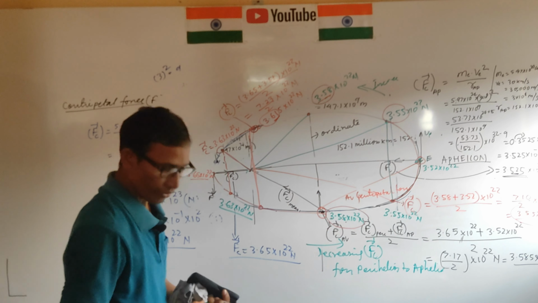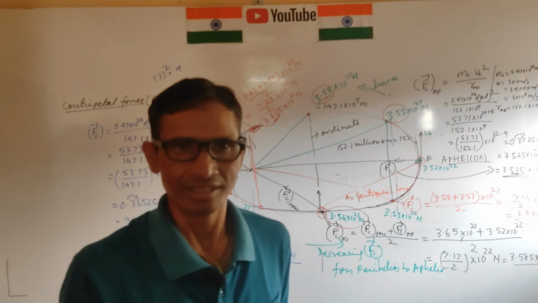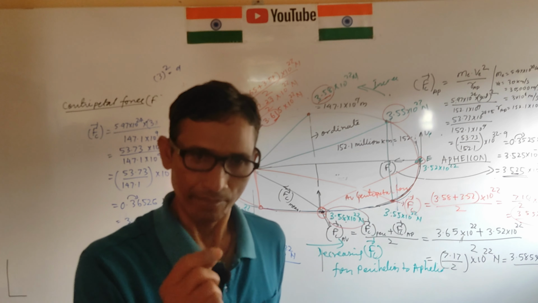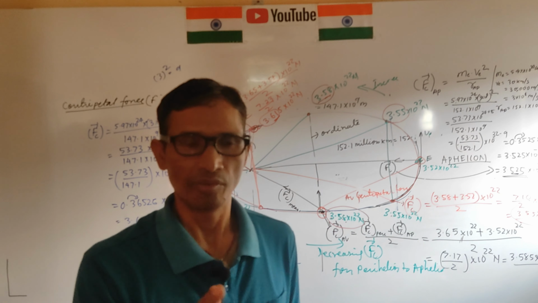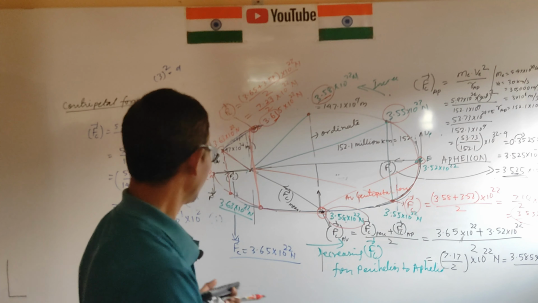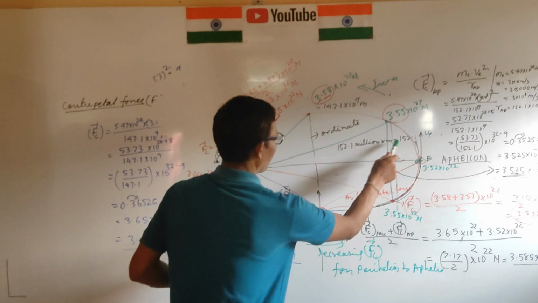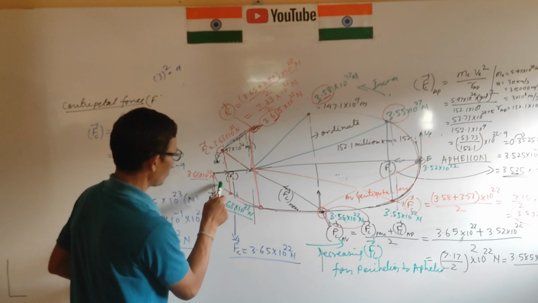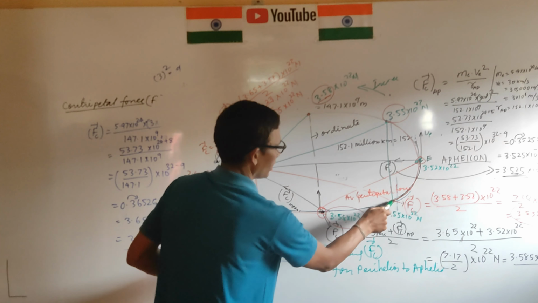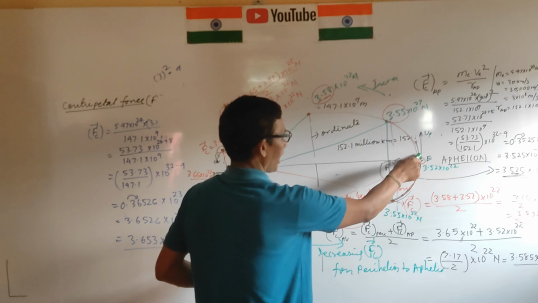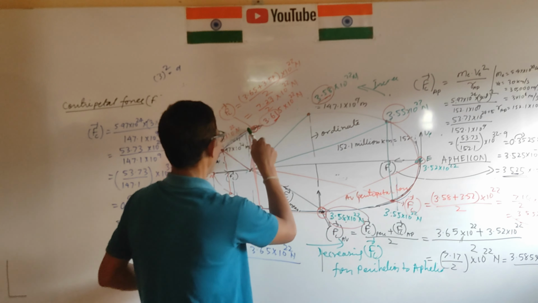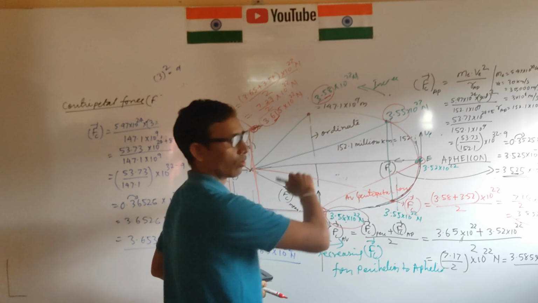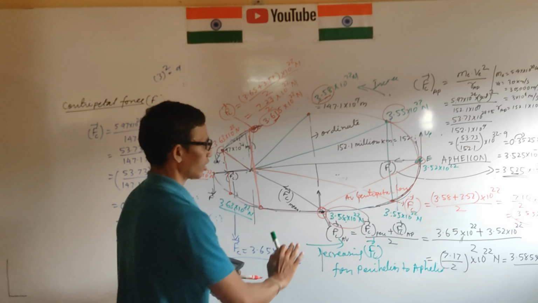So what do you think? If the planet is moving around the sun and the centripetal force is like this, here it is increasing, here is a maximum, then it decreases to a minimum, and then it increases to a maximum again. So the centripetal force is not constant.